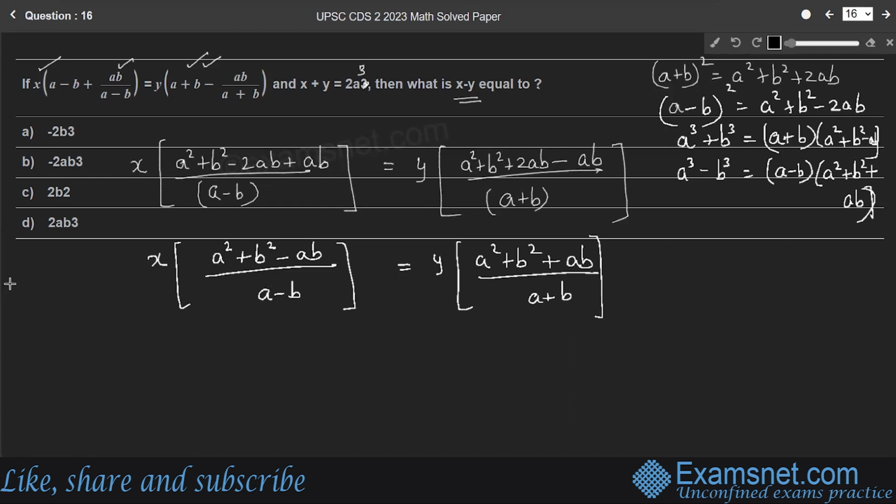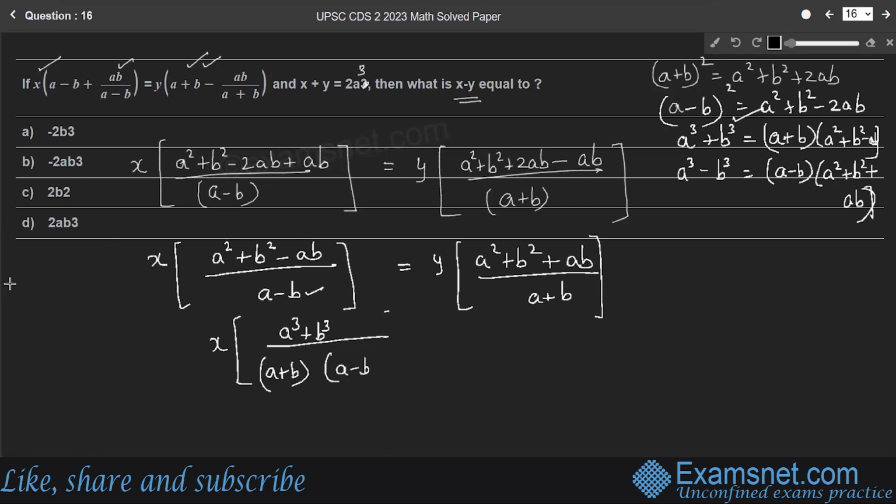Right? Therefore, here in the left hand side part, a square plus b square minus ab can be written as (a cube plus b cube) by (a plus b). So we just write it down. So (a cube plus b cube) by (a plus b), and we have already (a minus b) in the denominator.